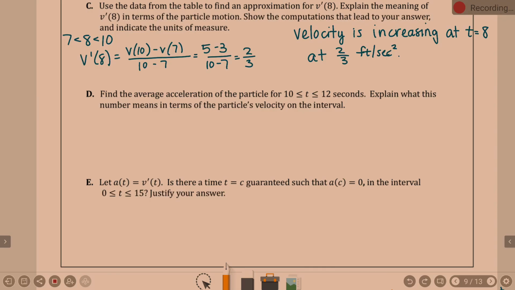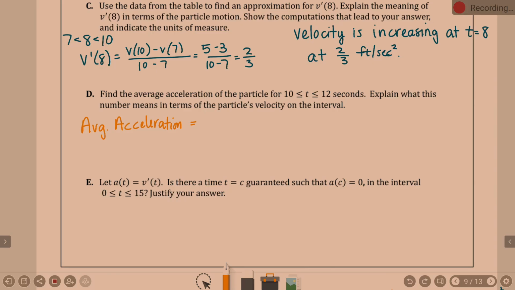Average acceleration of the particle for the interval 10 to 12 seconds. Explain what this number means in terms of the particle's velocity on the interval. It's just average rate of change. When they say average acceleration, we are thinking average rate of change, which is going to be using our velocity data.